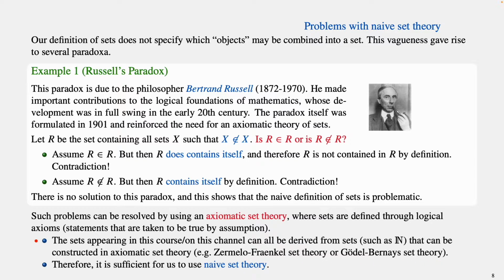And because we can justify the existence of all the sets we're using here, it is actually sufficient for us to use the point of view of naive set theory. So going into axiomatic set theory here would amount to a whole course in itself, and I do not want to do this in this introduction course. So we stick with naive set theory, but rest assured that everything we do with sets here can be justified by axiomatic set theory.